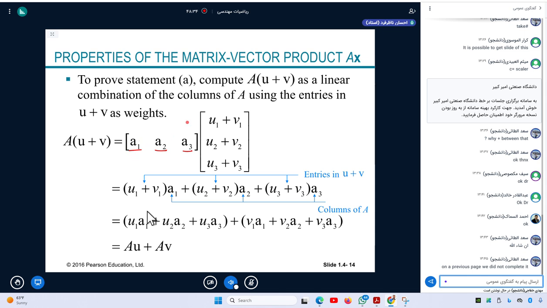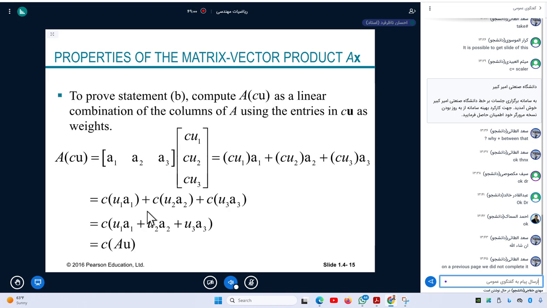If you multiply this out, A1 times (U1 plus V1), A2 times (U2 plus V2), and A3 times (U3 plus V3), we would be reaching this one. You just need to be patient, and it's very easy to follow. And the second one also has a similar proof.